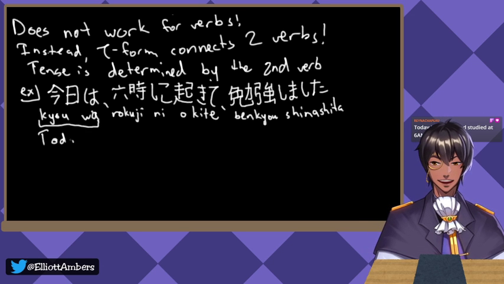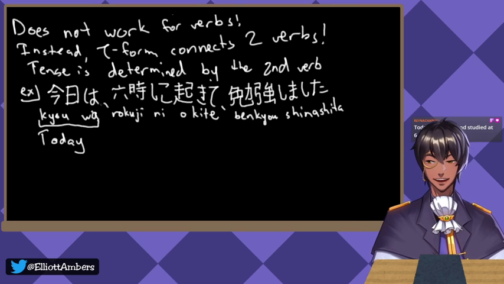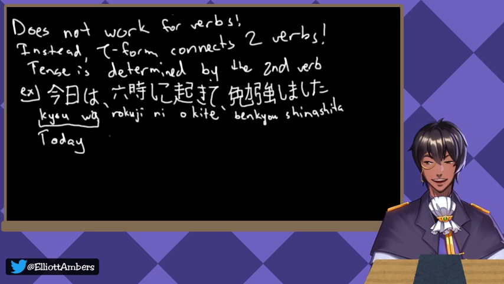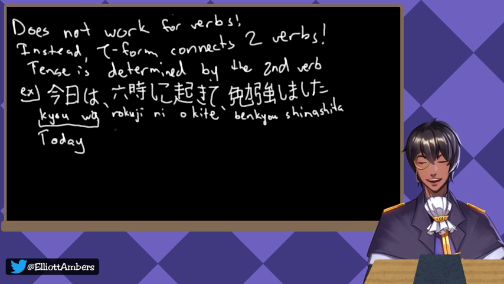Today. And if we wanted to translate this so that in order it still makes sense, what Raina said in the chat, today I woke up and studied at 6 a.m. That's one way we could translate it, and it probably is the way most people would translate the sentence.